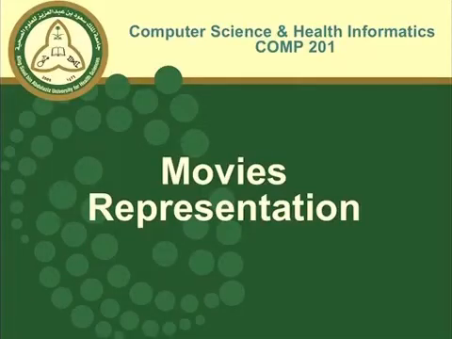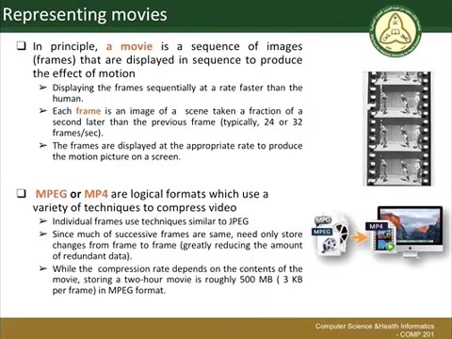Now let's talk about movie representation. In principle, a movie is actually a sequence of images. If you look at a movie of a person talking about a specific topic, you're going to see that it's actually a sequence of images of the same person talking where his lips are moving, but usually if he is standing in a still background, everything else is the same.